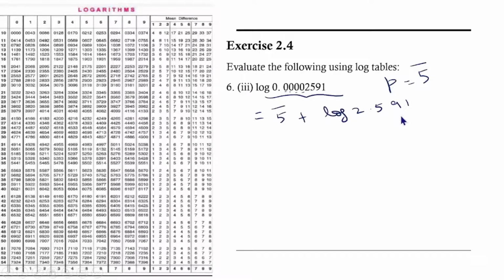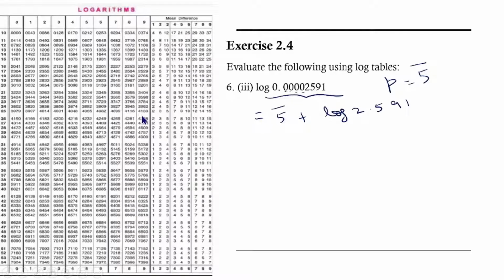Now we have to locate row number 25, column number 9. We have to see the number and then locate in the same row the mean difference corresponding to 1 and add that. So we will see row number 25 and column number 9. This is the value 4133 and the mean difference corresponding to 1 is 2.